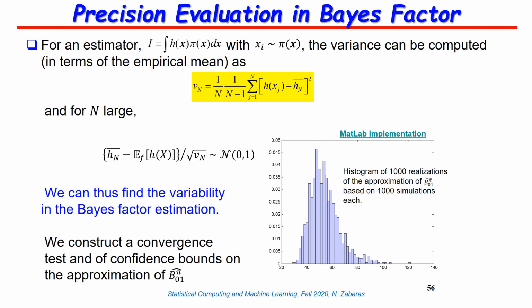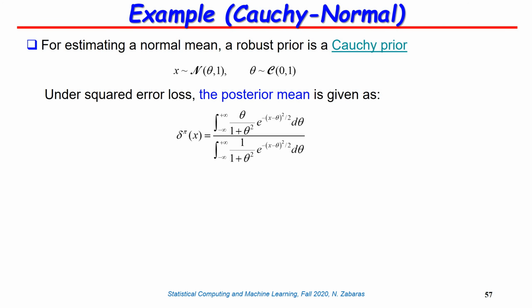I think I have one trivial example in one slide, so let me just spend 10 seconds to go through this. This is an example where you want to calculate the mean of a Gaussian, given the standard deviation. The idea here is you have a sample X from this Gaussian, and you want to compute the mean, and you put a robust prior, a Cauchy prior.